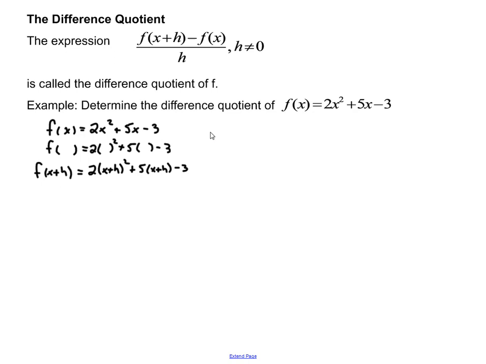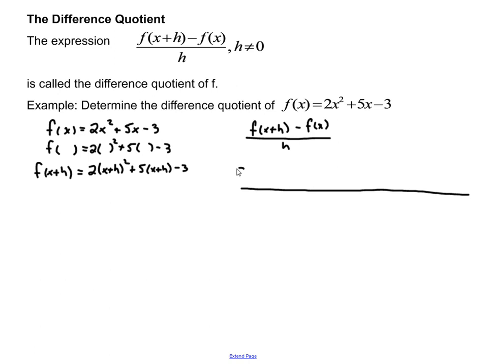So when you see the difference quotient, f of the quantity x plus h minus f of x all divided by h, we're actually going to replace f of x with the function. And we're actually going to replace f of x plus h with its equivalent.